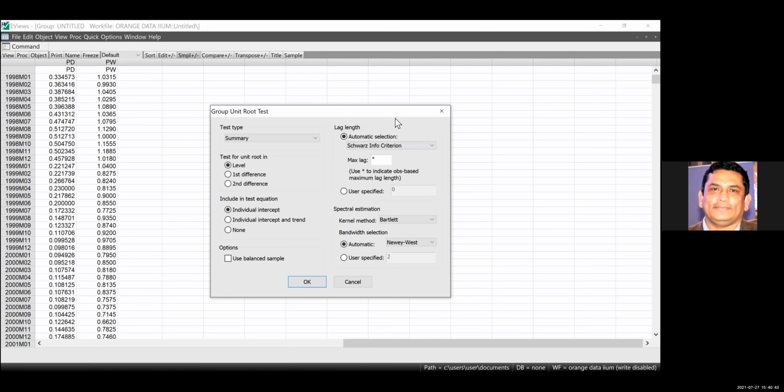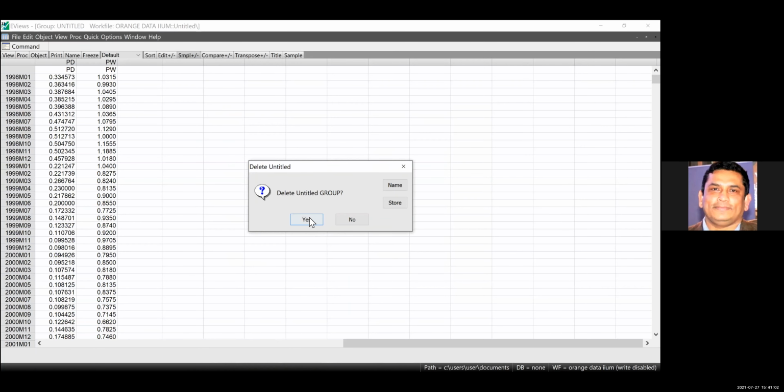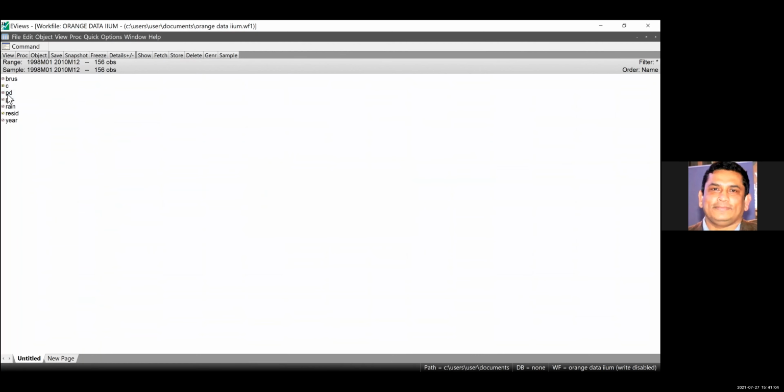Again, I'm not going to explain all of these tests because there are many tests for confirming whether the variables have a unit root or not. I'm not doing the grouping. So just again, PD.